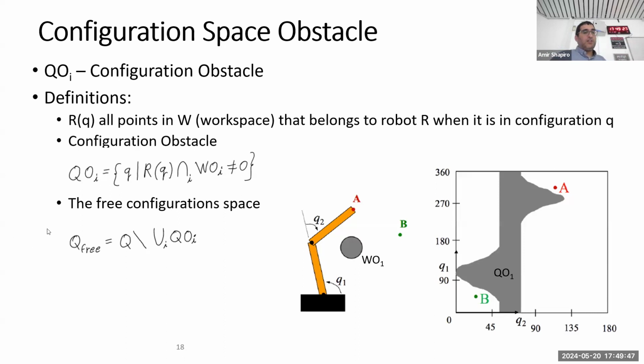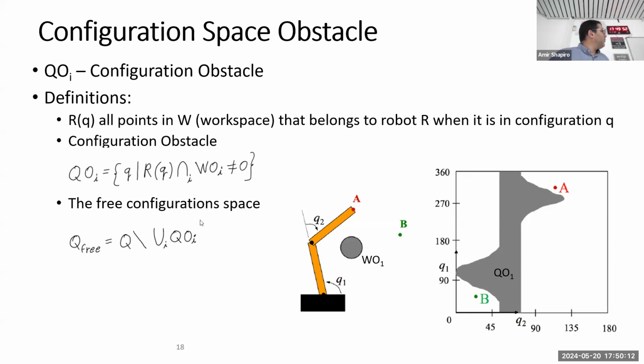And the free configuration space is the entire configuration space when the union of all the configuration obstacles is subtracted from it.